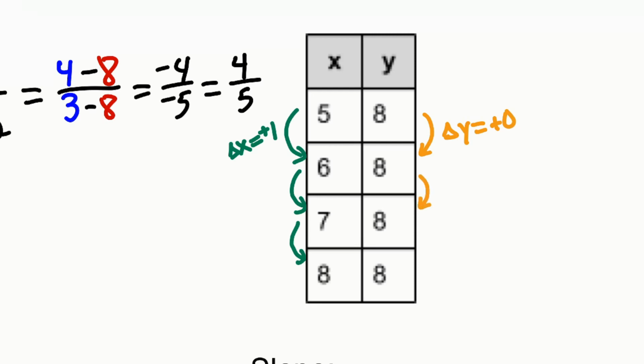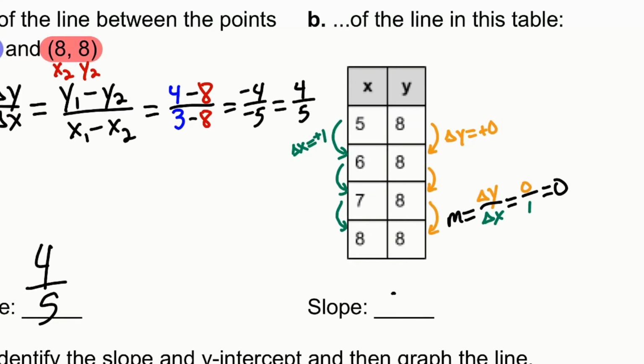And I'm going to use that same color to show that the same thing is happening. Remembering that slope is delta y over delta x, we get 0 over 1, which is equal to 0. 0 divided by any number is 0. So our slope is 0.